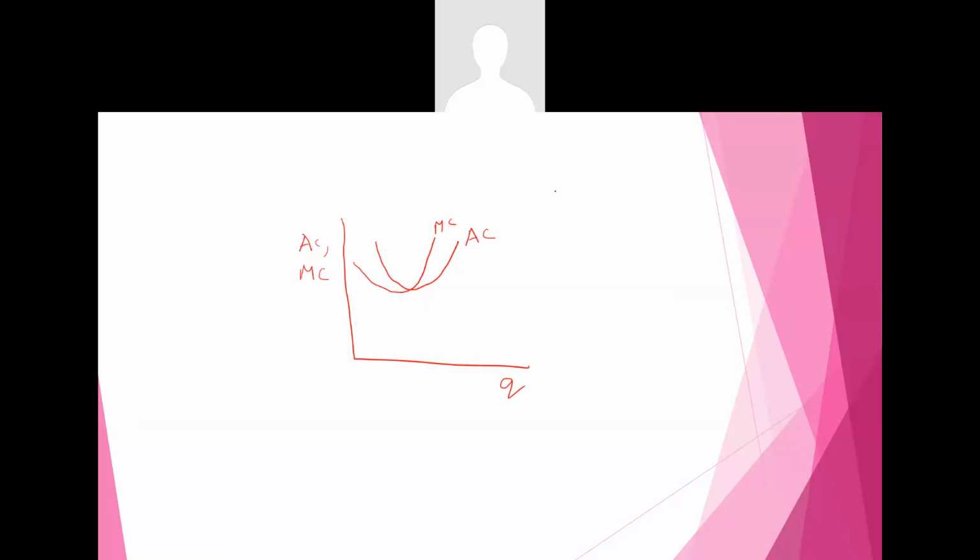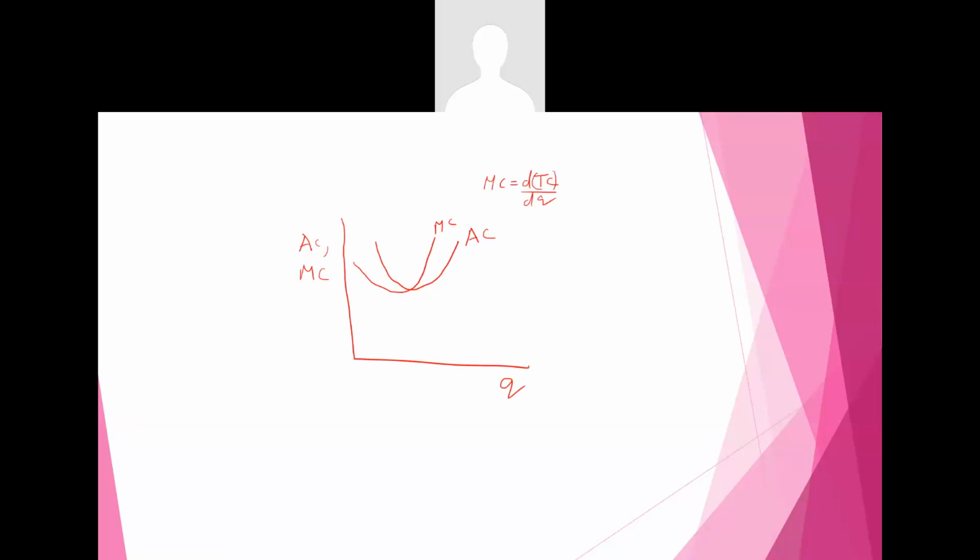Of course, we know that both MC and AC you get from the total cost curve, isn't it so? Because MC is the first derivative of the total cost function. TC is the total cost, and we can write MC = dTC/dQ.